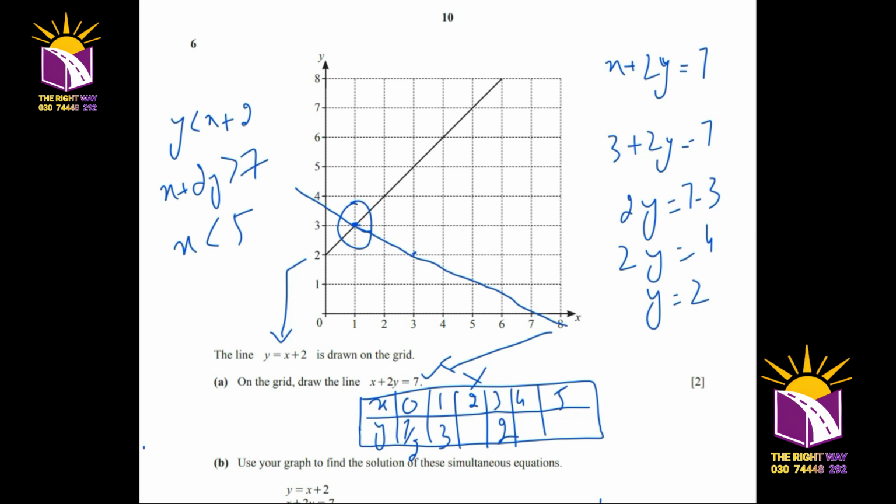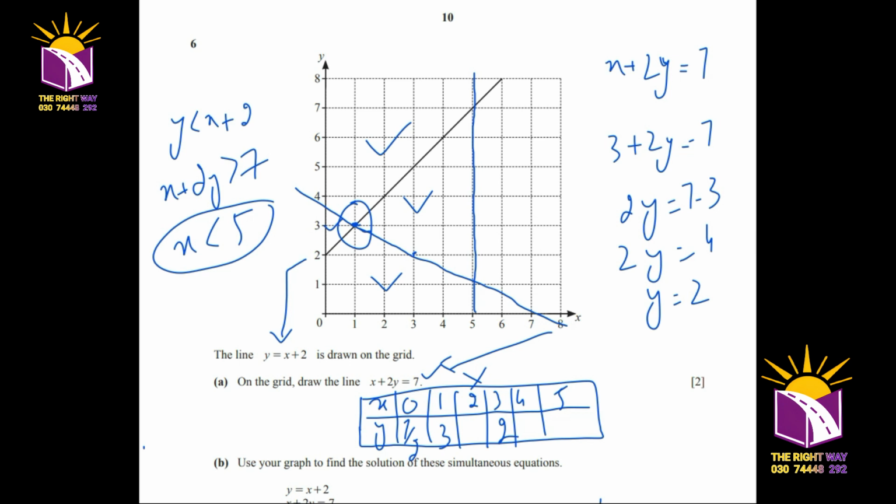We are going to draw the line at x equal to 5, which gives a vertical line at x equal to 5. Now, which one is our shaded region? When x is less than 5, we are going to shade the left side. So these could be our results.